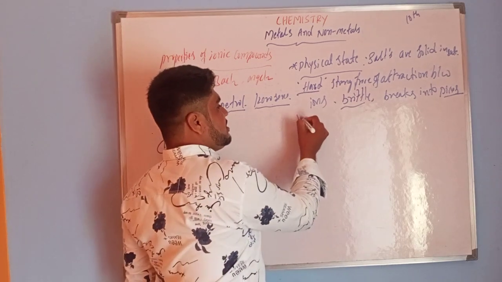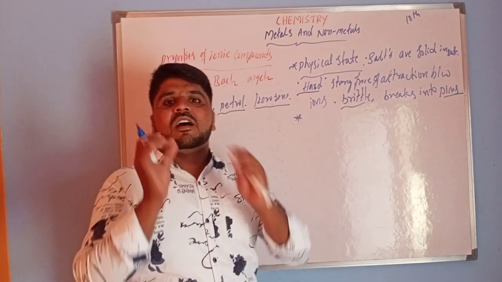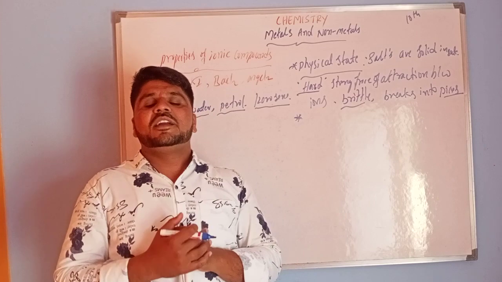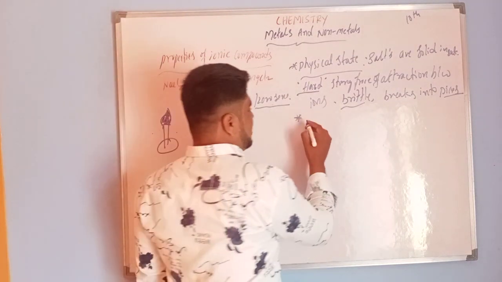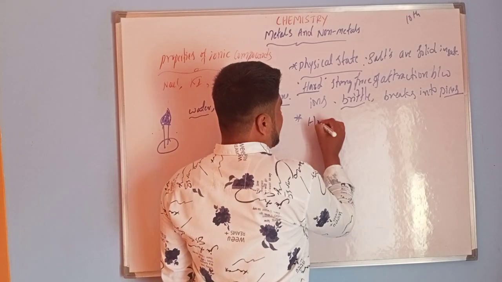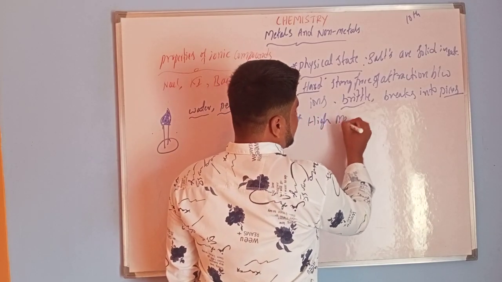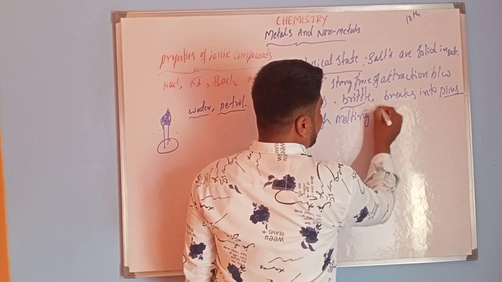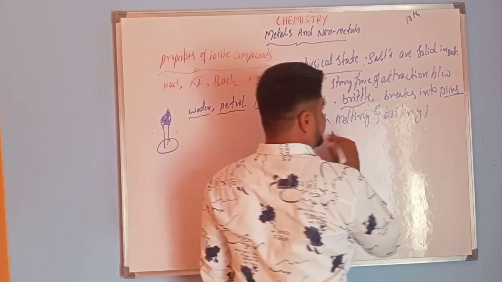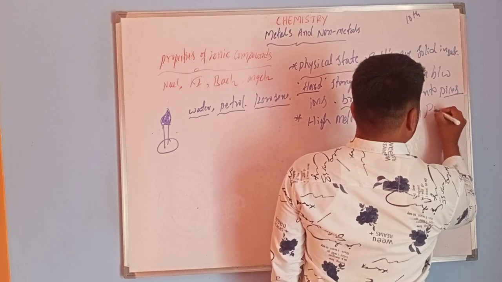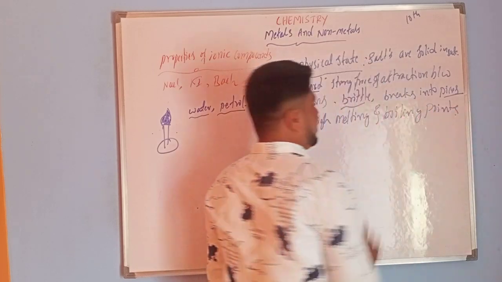And the next one is that ionic compounds have high melting and boiling points.